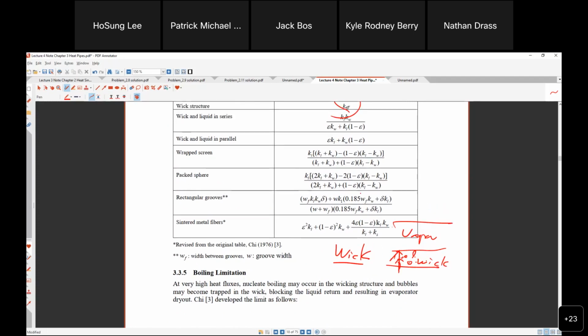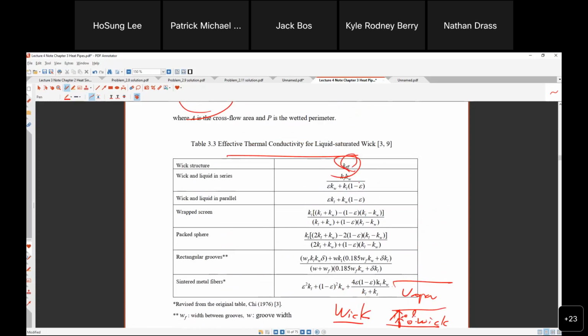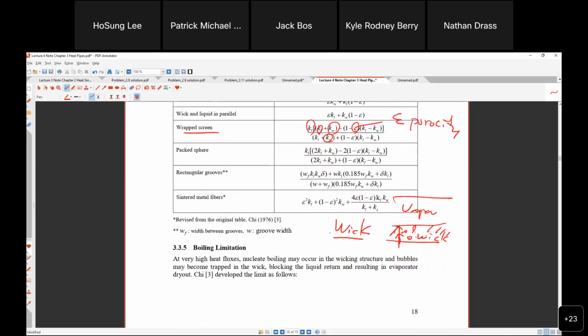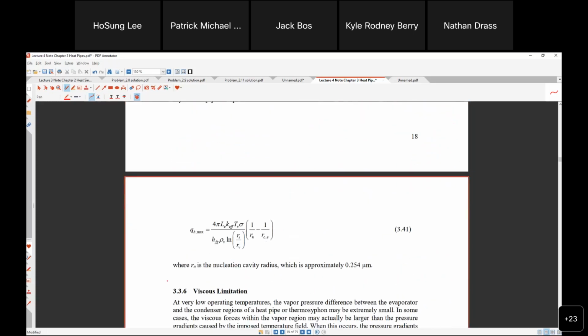Then you have to use the effective, as we call it. Look at the effective wrapped screen: liquid and wick, two, with porosity. You have to have the porosity, and then you can calculate the effective wick thermal conductivity. Do you understand? Anyhow, you can calculate the boiling, everything. We just need to understand what the LE is here.